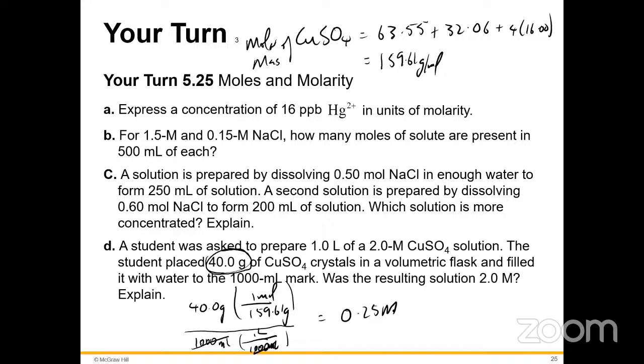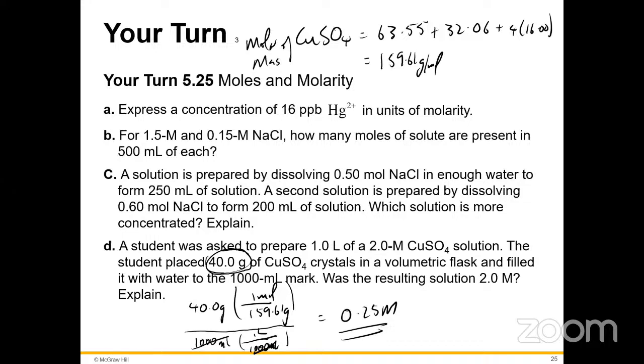0.25 M. So basically, the student is going down the wrong path, because the molarity that you're trying to get is 2.0 M. And instead, by weighing 40 grams, the molarity that the student will end up with will be 0.25 M. So they need to weigh 160 grams.